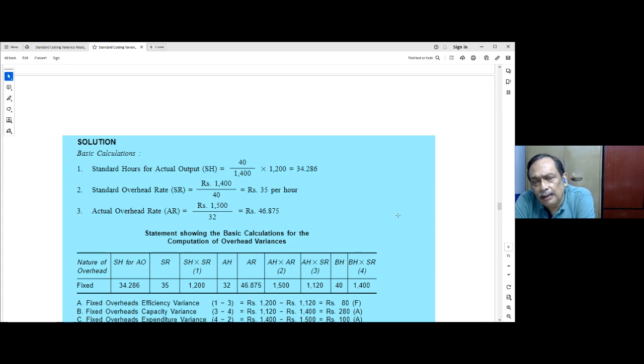Standard overhead rate per hour is rupees 1,400 by 40, that is rupees 35 per hour. And actual overhead rate, that is AR, we get 1,500 divided by 32, which comes to 46.875.